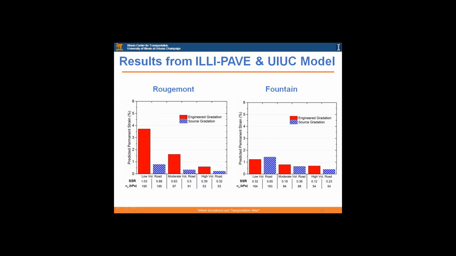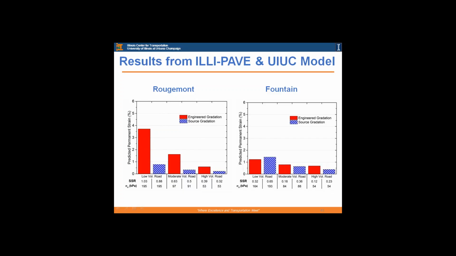And this is an important indicator because the higher the shear stress ratio, then the higher the accumulation of the permanent deformation in the plastic creep region that I showed at the beginning, and then the faster that the material is supposed to rut and fail. So it's expected that for low volume roads, the rutting level will be much higher because the AC thickness is lower, so more of the load is coming to the unbound materials.